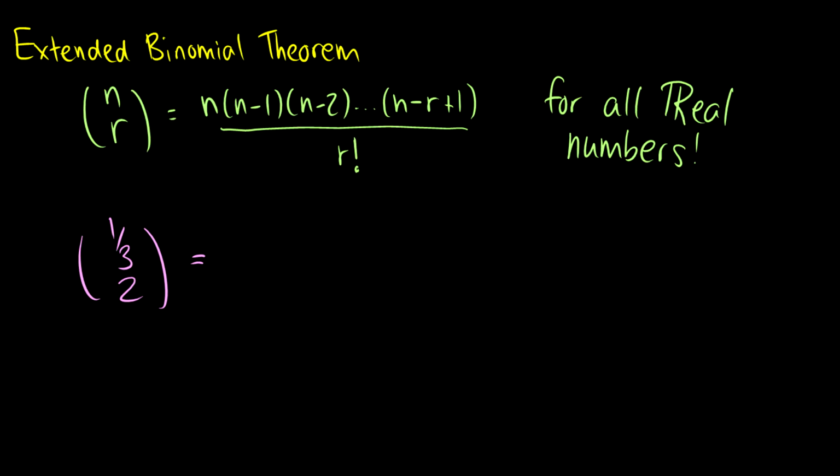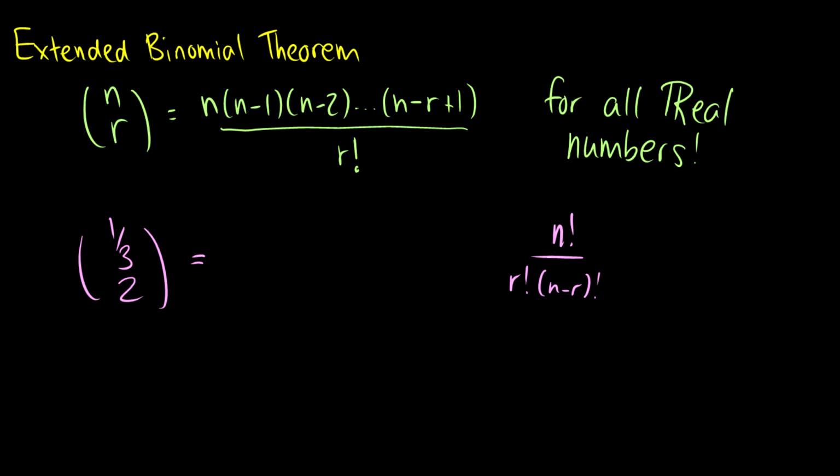Well, we need to use this definition up here, which is n times n minus 1 times n minus 2 all the way down to n minus r plus 1, all over r factorial. You can see this follows from this definition here.